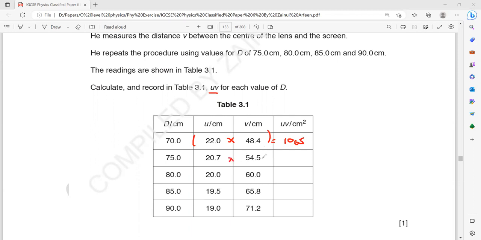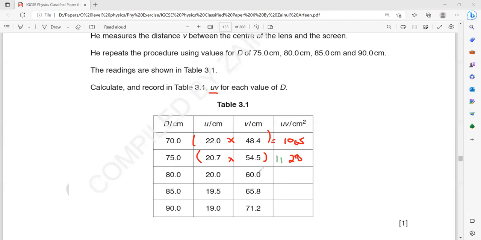If 20.7 times 54.5, what's the answer? Can you check again? It's 1128.15, so we can write 1128 as this value.